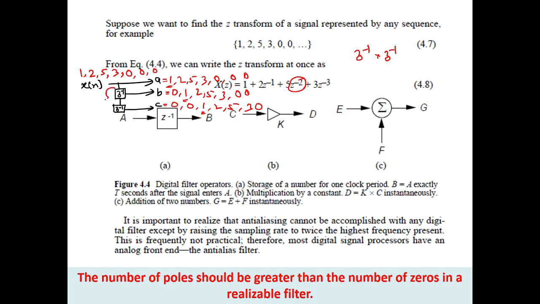Now here what we have done is Z inverse followed by another Z inverse, the combination of these two is Z to the power minus 2. There is no operator for Z to the power minus 2 or Z to the power minus 3, or if you generalize, Z to the power minus n. We only have an operator for Z to the power minus 1, which is the delay. Okay. Now if you have to implement a Z to the minus 5 operator, or implement 5 delays, that means sequentially you have to put 5 delays into the system. Okay.